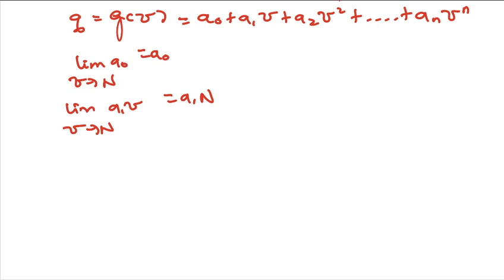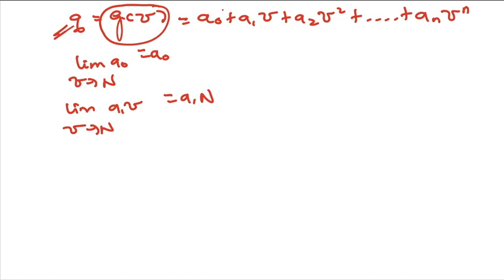Then that means the limit of this polynomial function exists at n, and n itself is within the domain, and the limit is basically equivalent to the function of v. So this shows that any polynomial function is continuous at its domain.